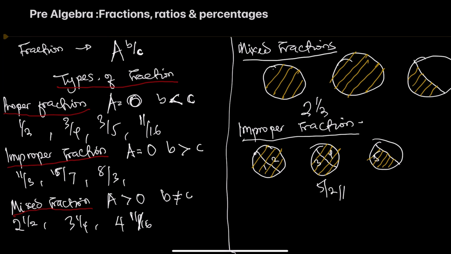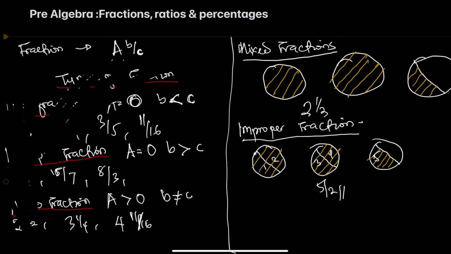So the next question is, how do we conveniently convert a mixed fraction to an improper fraction, and vice versa? We could just quickly take that in this section of the class.